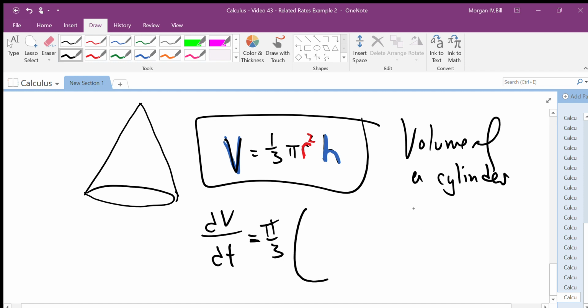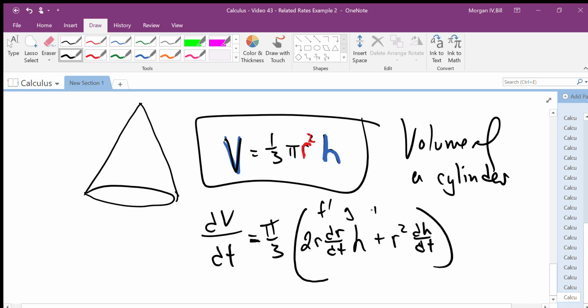Times R squared, that's a function. H, that's a function. We're taking this with respect to t, so we must do product rule. We must do 2r dr/dt, chain rule, times h, plus, leave the r squared, times dh/dt. All right, that's f prime g plus f g prime.